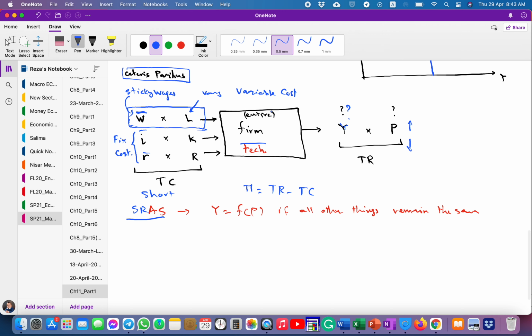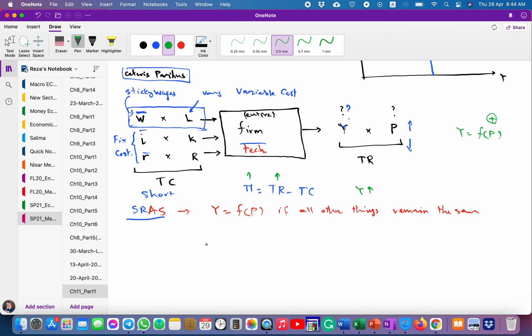So if the price goes up, the total revenue is going to go up, so the profit will increase. So it means that they should actually produce more, so the y will go up. So there is a positive relationship between them. So we want to say that y is a function of p, and it's going to be positive.